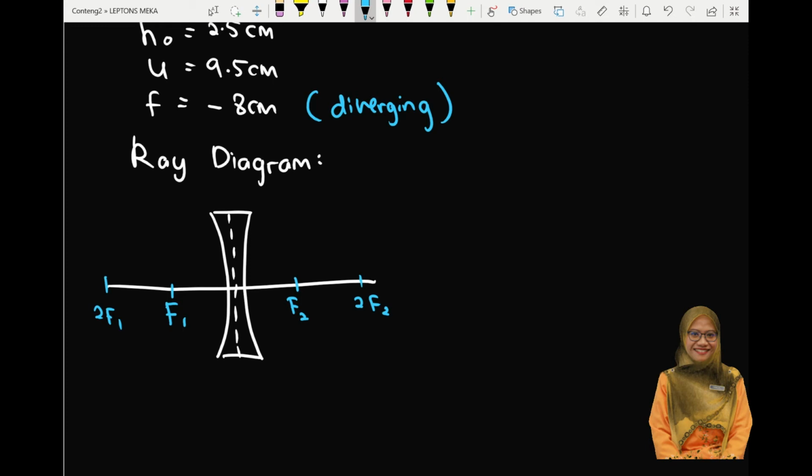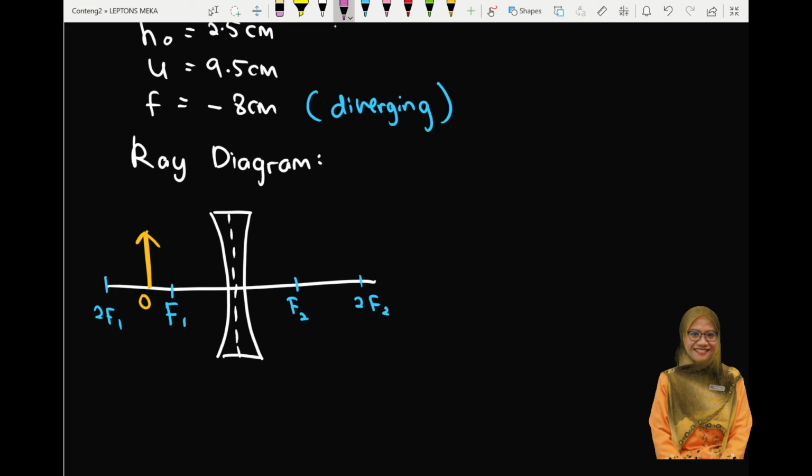So we place the object 9.5 centimeter, which means more than the focal length. So this is the location of the object. We place it right here. So that's your object, and the incident ray is parallel.